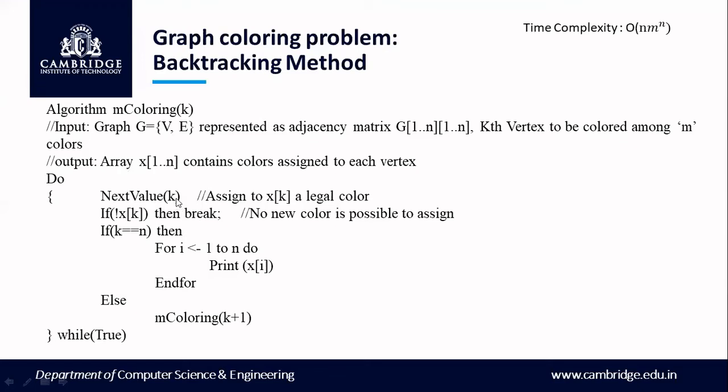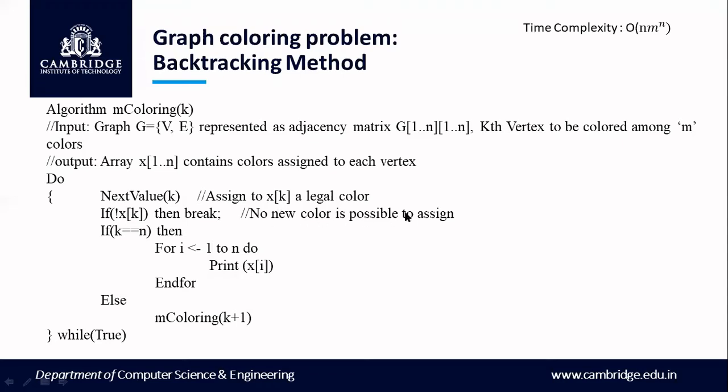When we get a valid color in the form of x of k, we check whether the assignment of that color is valid or not. If any one color is assigned, then x of k will not be 0. If x of k is 0, that means none of the colors is able to be assigned, so we break the loop and come out of it.